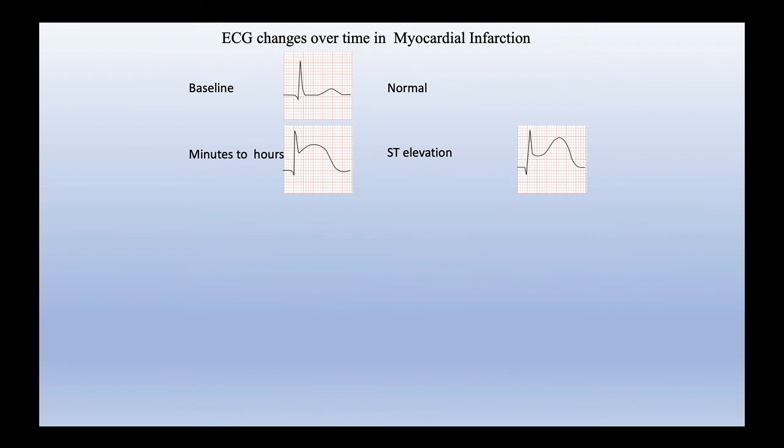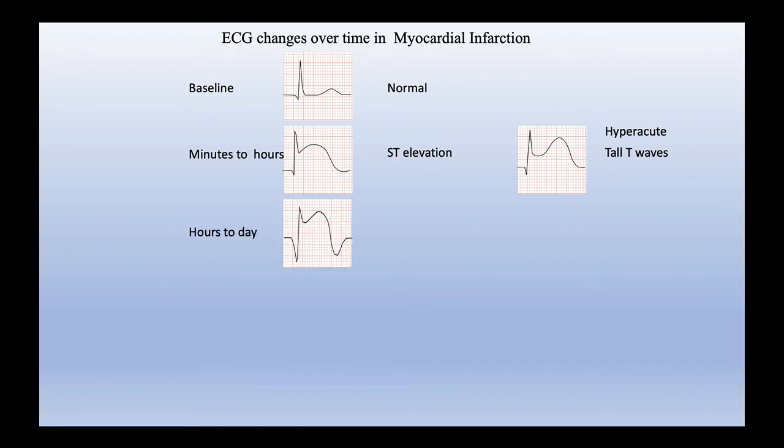In certain cases, in the first minutes or hour, what you would see is the hyperacute tall T waves which might be visible. So if some patients come in really early into the emergency room with sudden onset chest pain, you might see these hyperacute tall T waves.